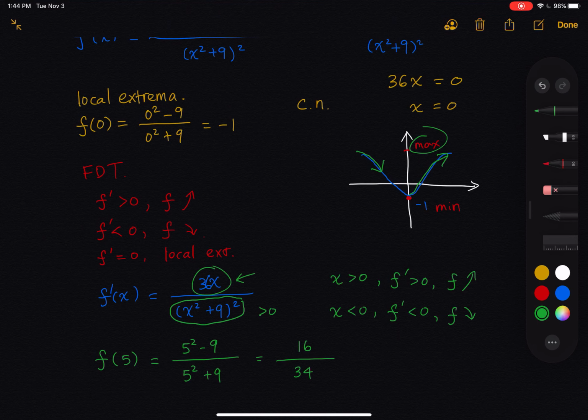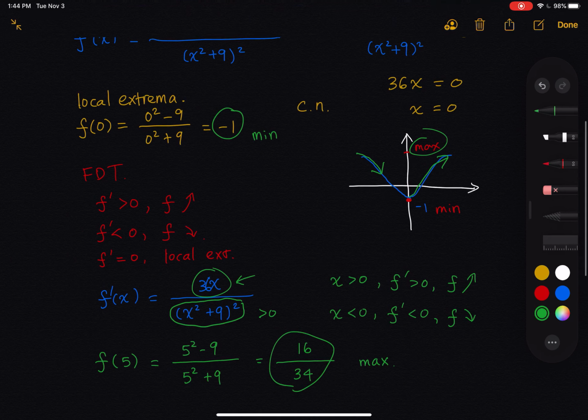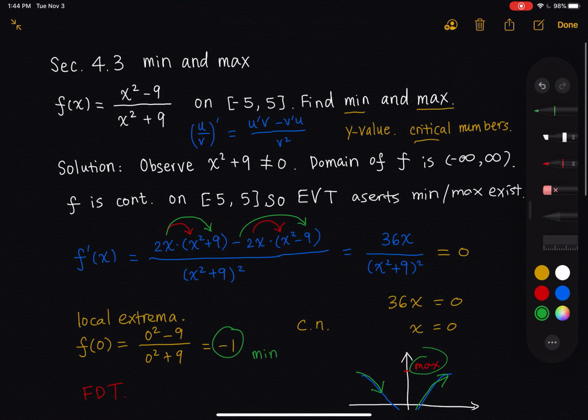So 16 divided by 34 is your maximum. And -1 is a minimum. So this and that is a solution to this original problem.